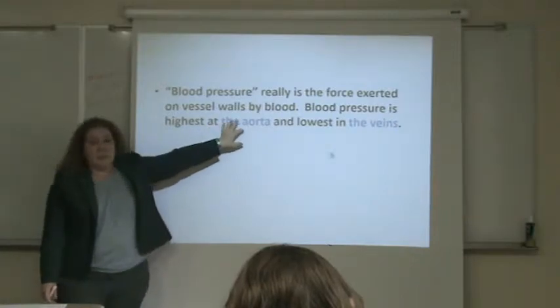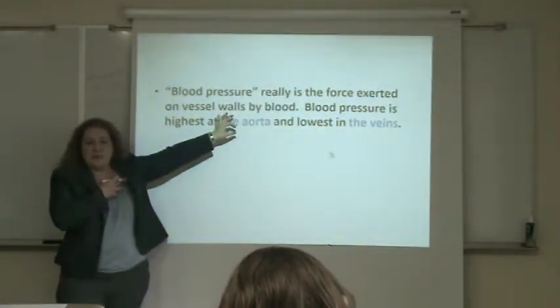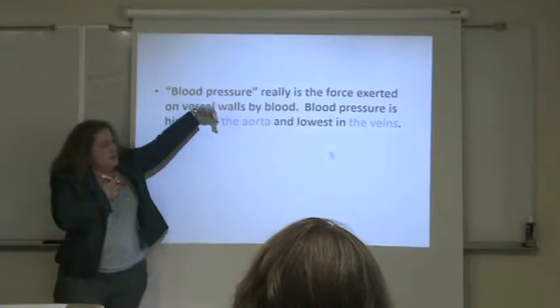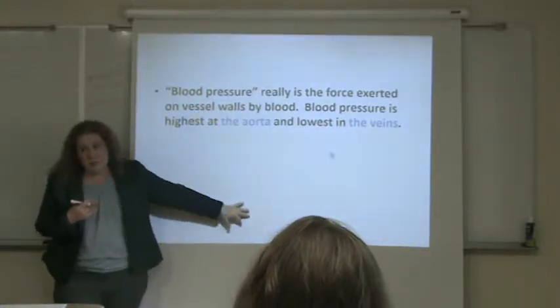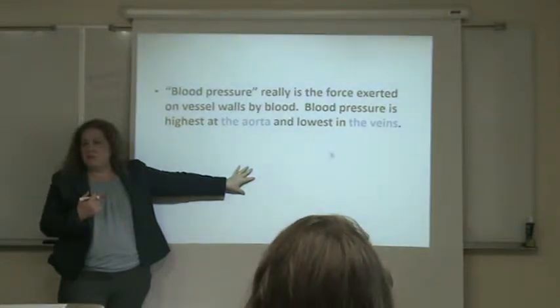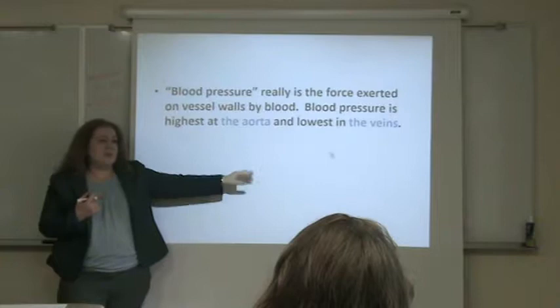Right after blood leaves the left ventricle and it's going through the aorta, the aorta is the place where your blood pressure is the highest. Absolutely the highest. And then it drops as the blood moves through the body, and it's lowest. Where would it be the lowest? Right before it comes back into the heart.